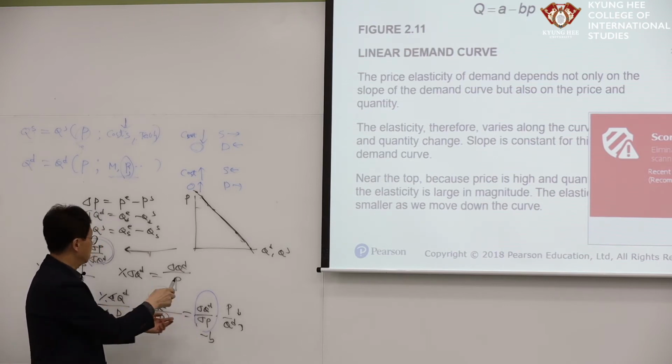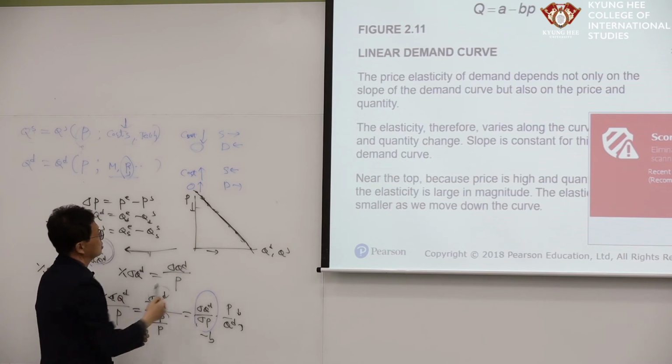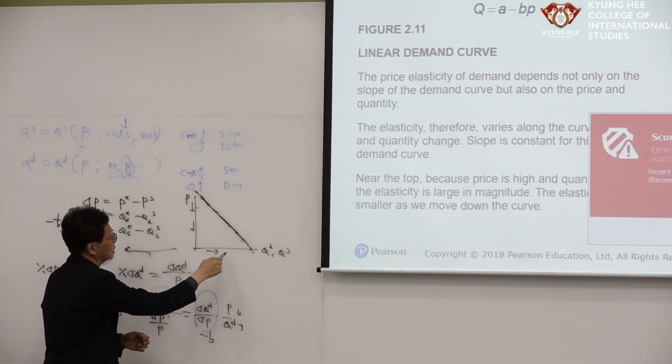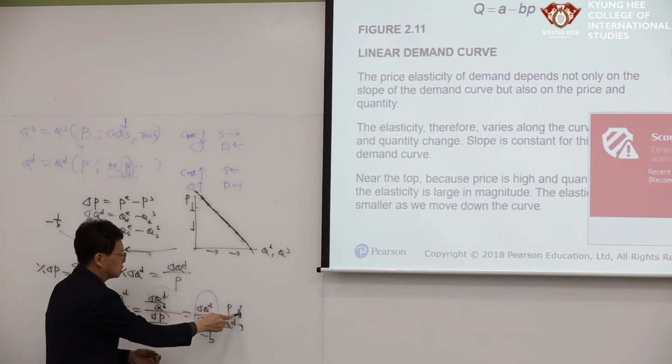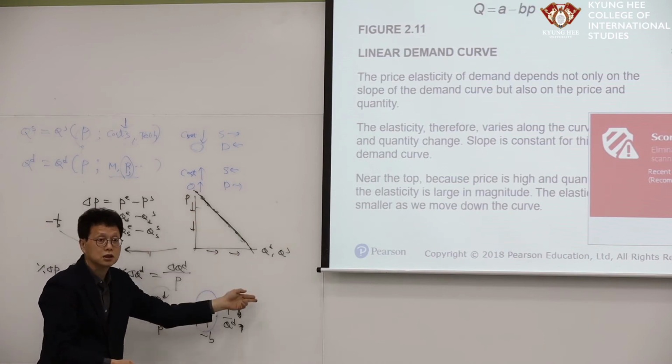But when we move from here to here, what happened? Price decreases and quantity demanded increases. When we move here to here, price decreases again, and quantity demanded increases.